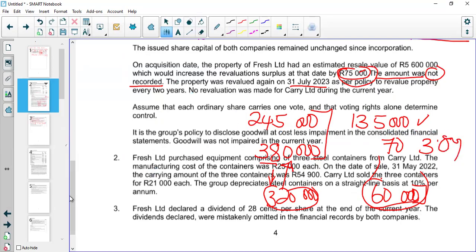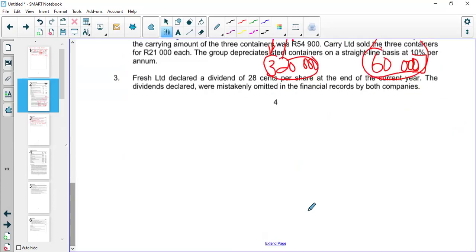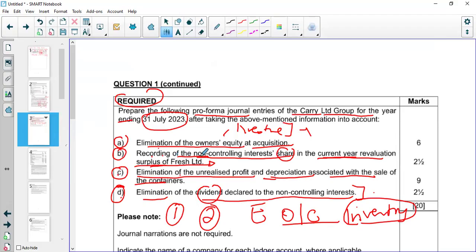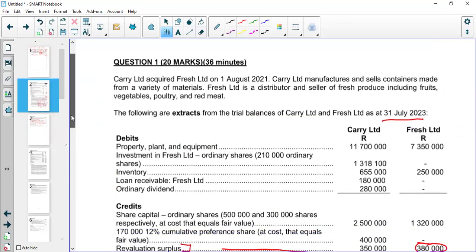All right. And your journal entries, because this is a gain, so this is income, a credit. I remember the question: a recording of the non-controlling interest share. So we only need to record the NCI share in the revaluation surplus.